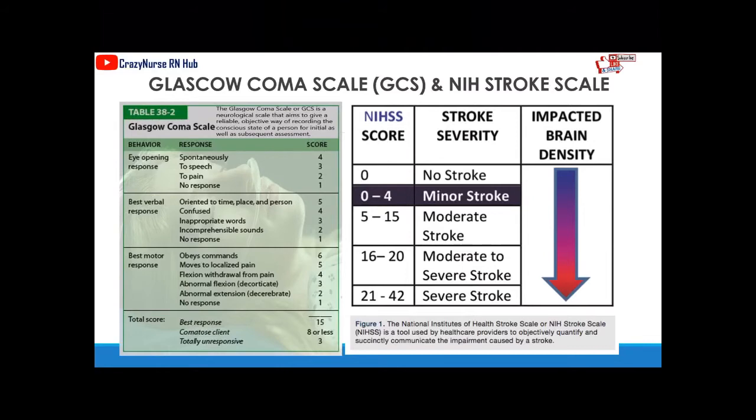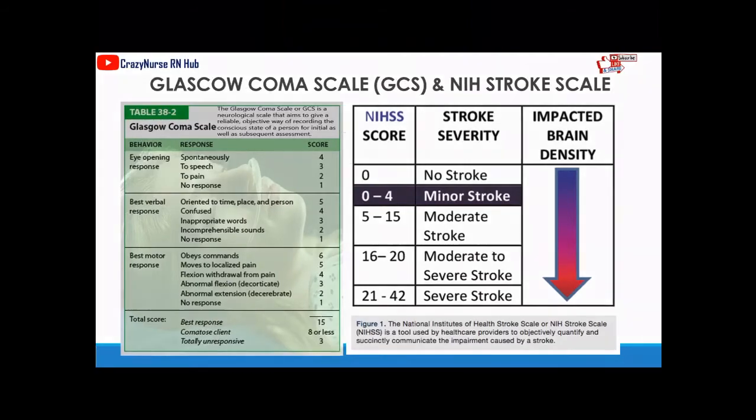Other components of the neurologic assessment include cranial nerve assessment and motor and sensory testing. In addition, the National Institutes of Health Stroke Scale is a tool used by healthcare providers to objectively quantify and succinctly communicate the impairment caused by a stroke.